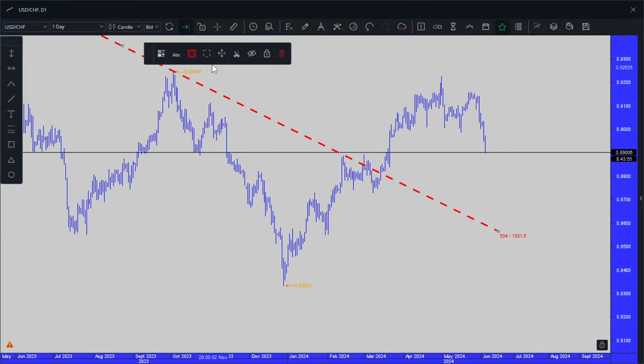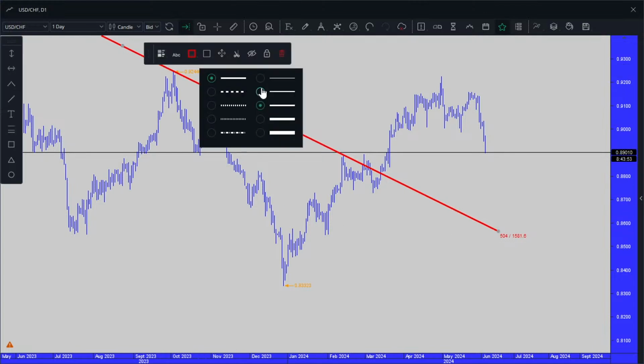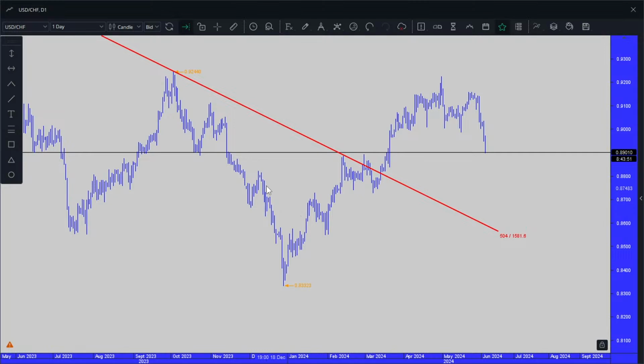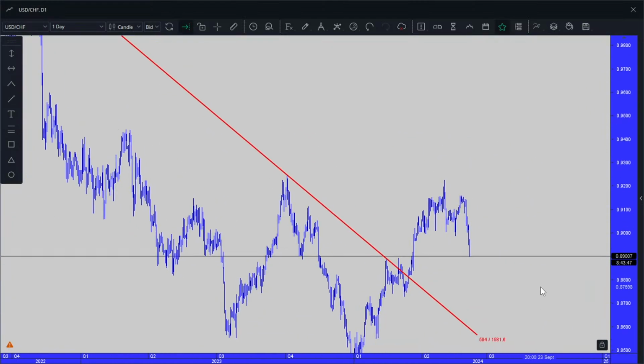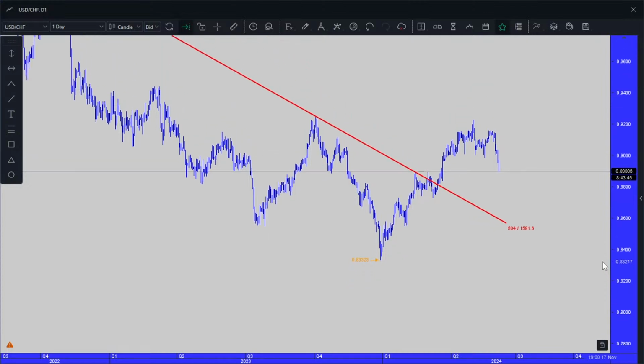There you go. And we have learned that the trend line is a tool that confirms the trend, right?